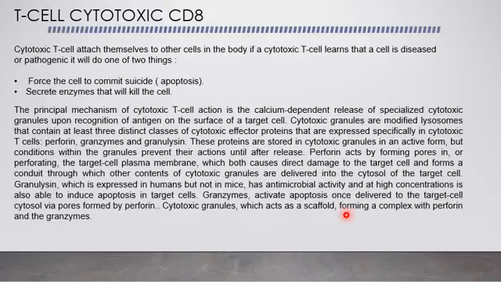The granzymes activate apoptosis once delivered to the cytosol of the target cells via pores made by perforin, and the cytotoxic granules act as a scaffold forming a complex with perforin and the granzymes. That means in this slide, we've got the T cell, and when it binds to the cell expressing pathogen antigens on MHC class 1, the T cell will release some cytotoxic granules.